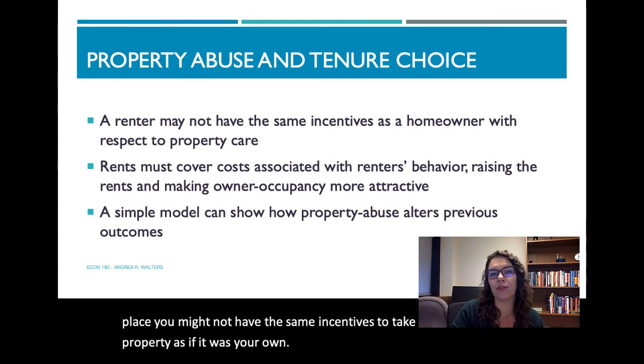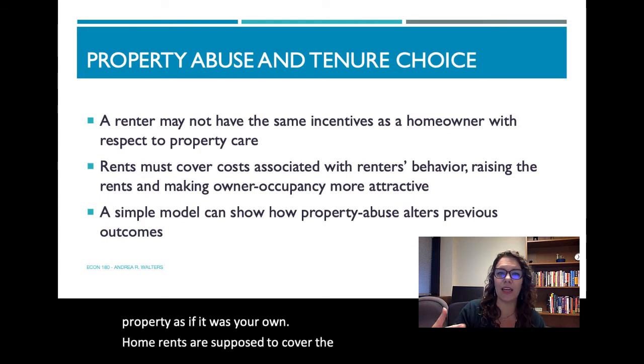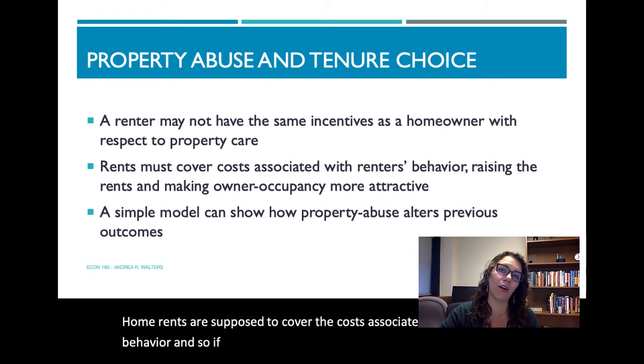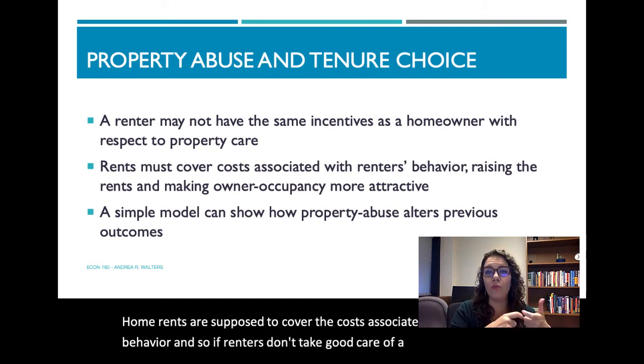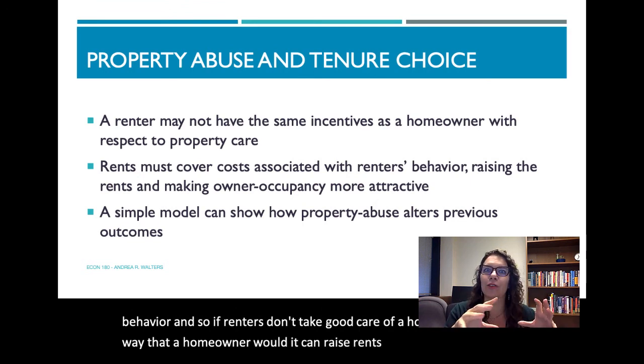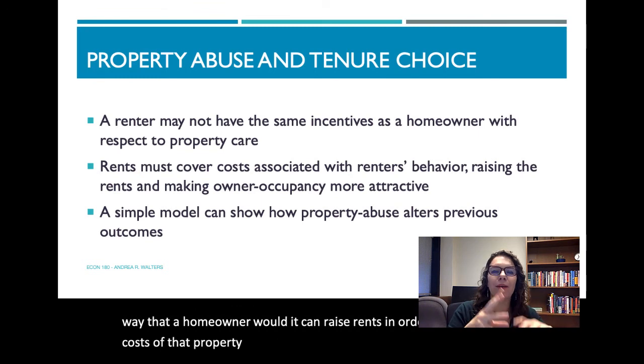Rents are supposed to cover the costs associated with renters' behavior. And so if renters don't take good care of a home in the same way that a homeowner would, it can raise rents in order to cover the cost of that property abuse. And it might make being an owner-occupier more expensive.